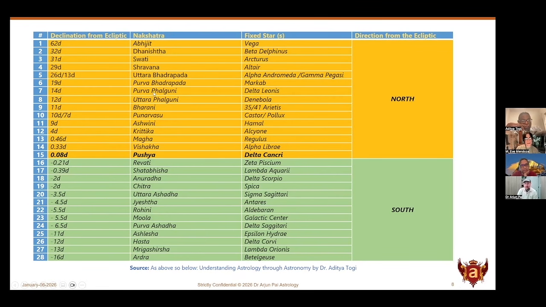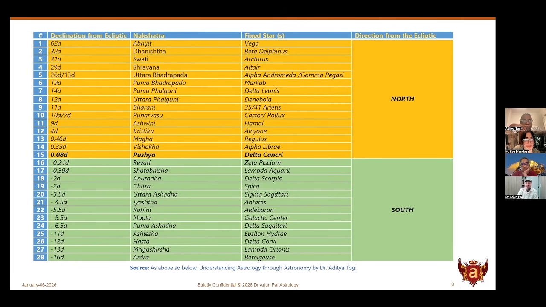So you'll see Purva Phalguni, Purva Bhadrapada is more in the northern, and Purva Ashadha is in the south. Now, if you see Rohini and all the Uttara nakshatras, Uttara Bhadrapada, Uttara Phalguni is here, and Uttara Ashadha and Rohini is here. So that means they are very balanced. Two of the Sthira nakshatras are in the north, two of the Sthira nakshatras are in the south.